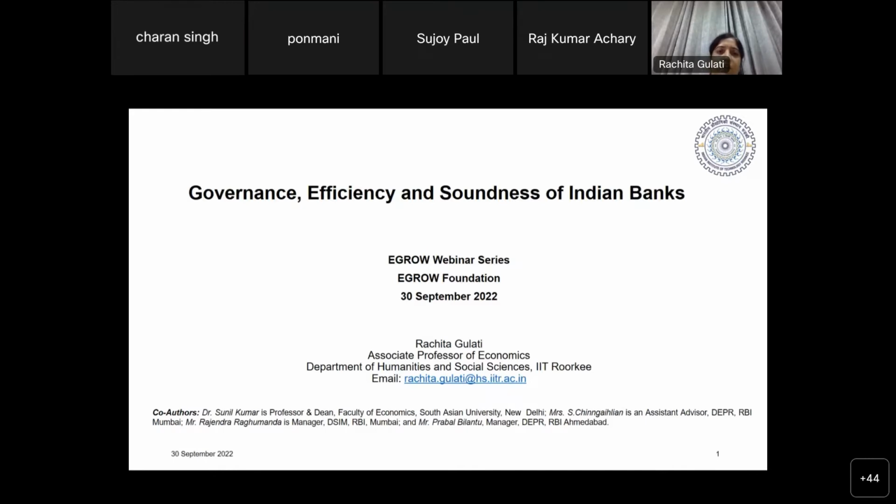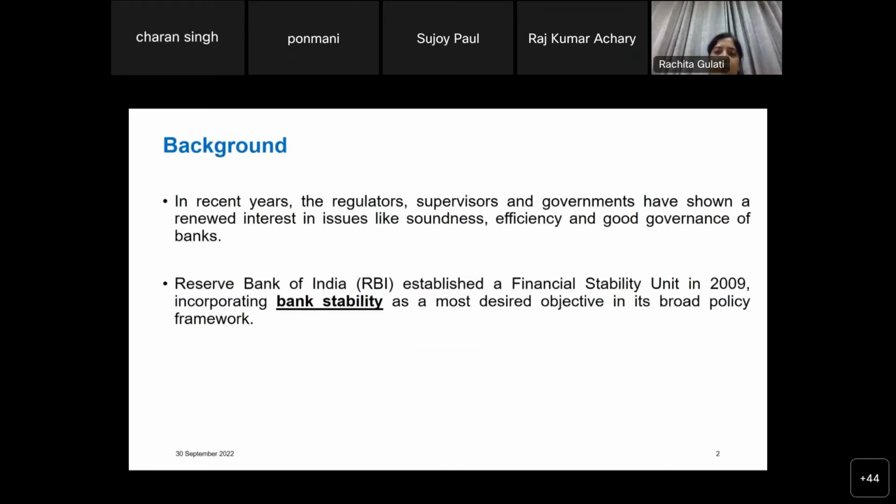In recent years, regulators, supervisors, and governments across the world have shown renewed interest in issues like the soundness, efficiency, and good governance of banks. The main reason for this renewed interest is the detrimental effects caused by the global and local crises, which were colossal and were largely driven by poor or egregious corporate governance practices.